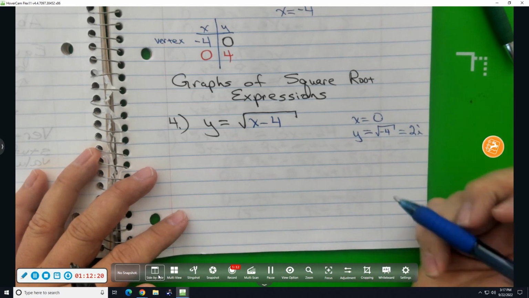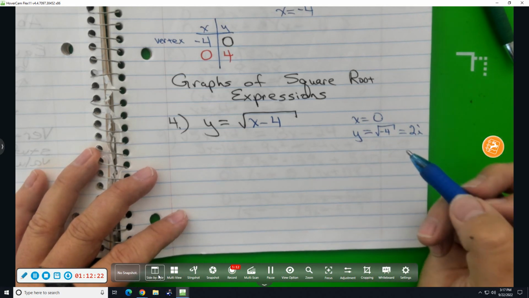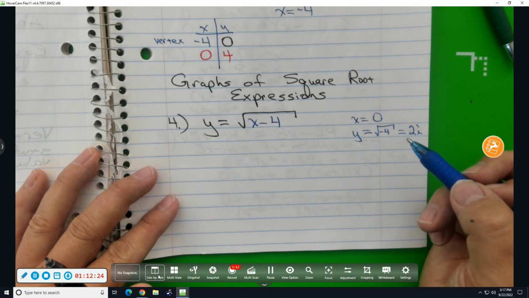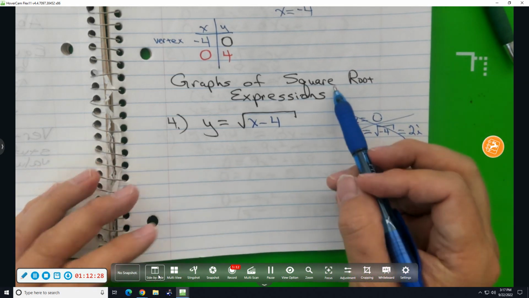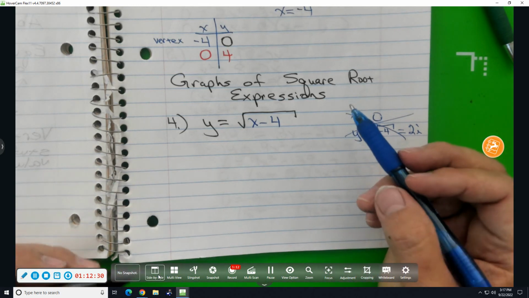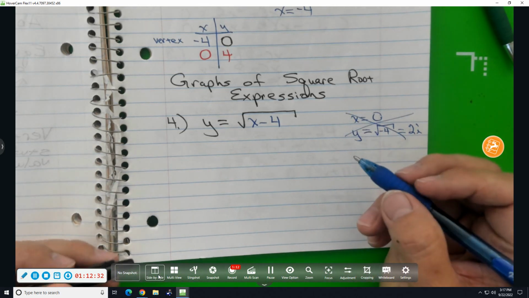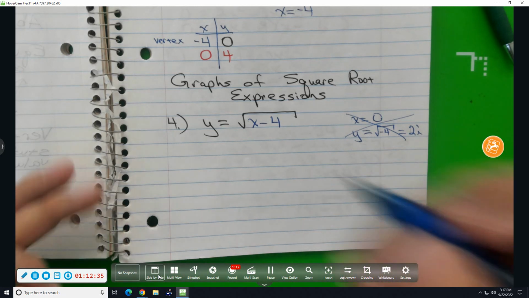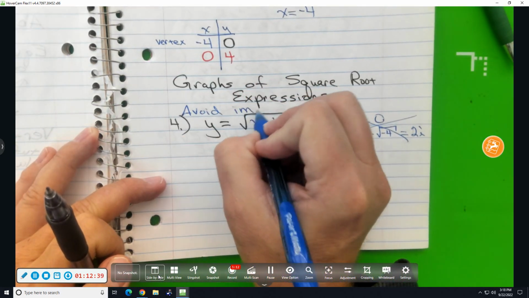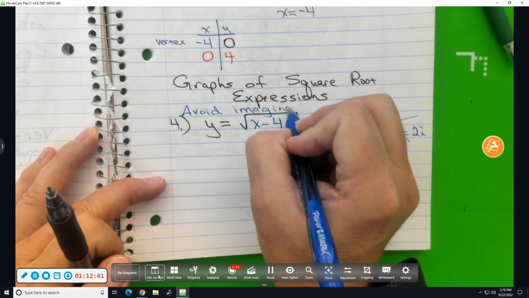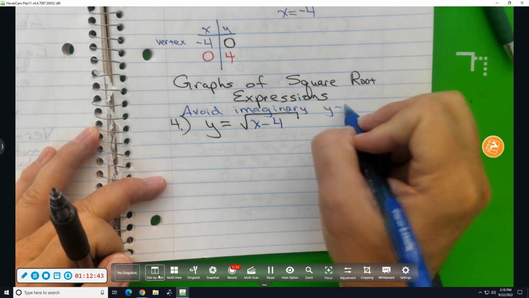That is an imaginary number. You can't label imaginary numbers on number lines. That's why they're called imaginary. So when you're graphing a square root expression, make sure you do not get imaginary y values. I'll say avoid imaginary y values.